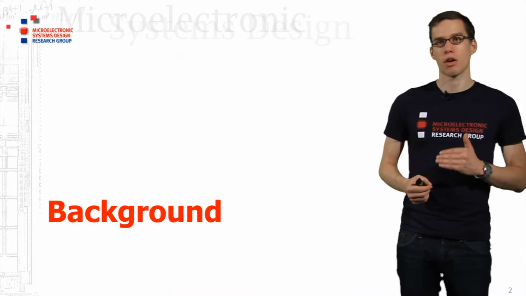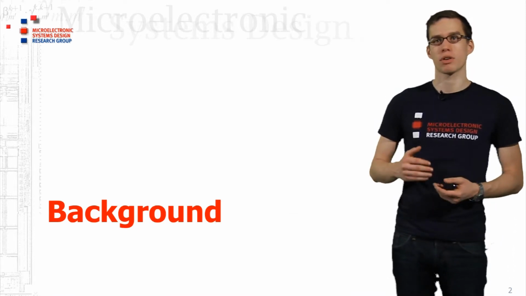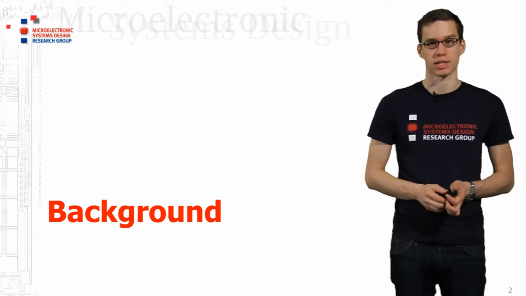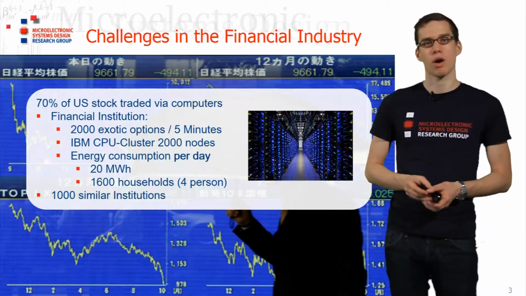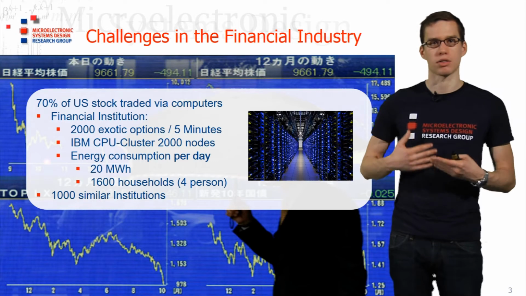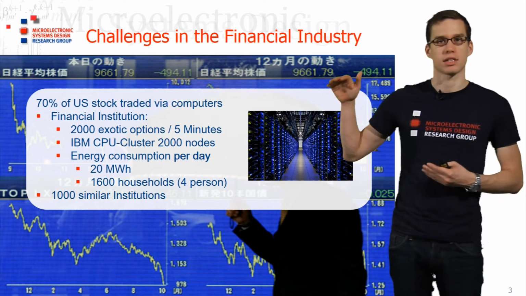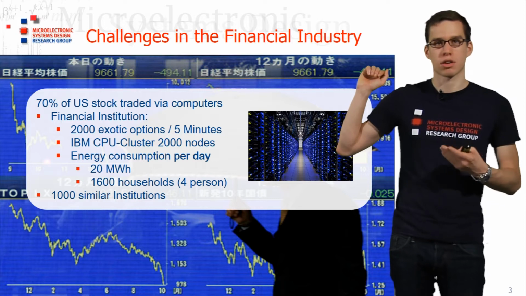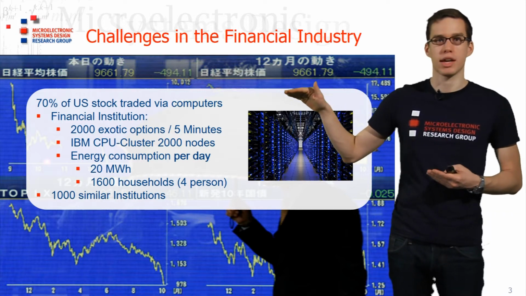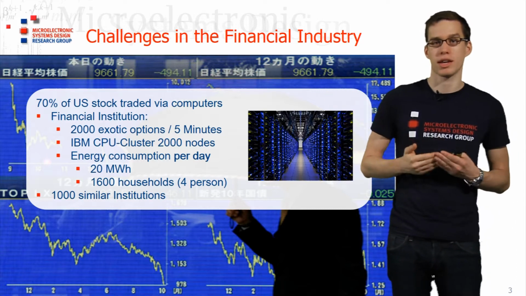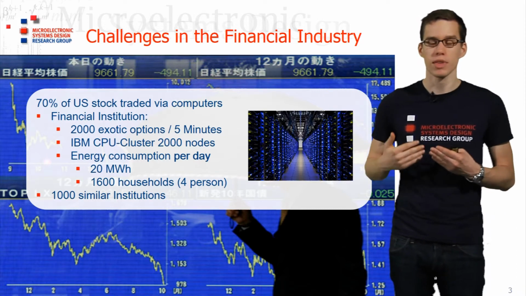So before we go into the design itself, let me show you some background information about option pricing. So why are we even talking about option pricing and FPGAs? Here are the facts. When we look at the stock market, 70% of the stocks are traded via computers.